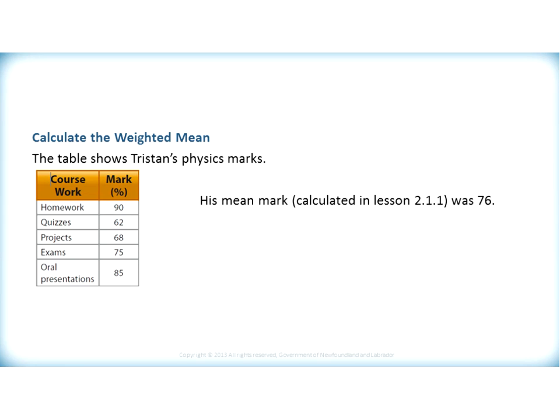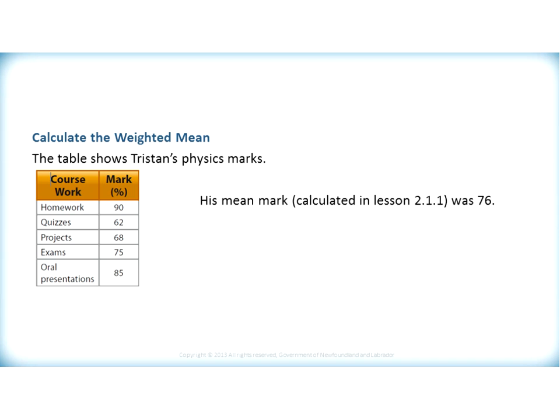So this is a continuation of the example we looked at in the last lesson. But now we're going to look at calculating the weighted mean for Tristan's physics marks. Once again, the table shows Tristan's physics marks: homework, quizzes, projects, exams, and oral presentations. You may be aware that in a lot of cases, exams will have the most importance when it comes to your final mark, and homework, for instance, has very little.